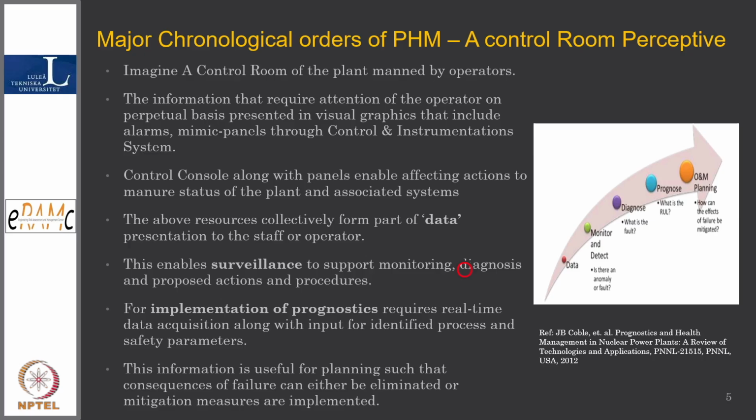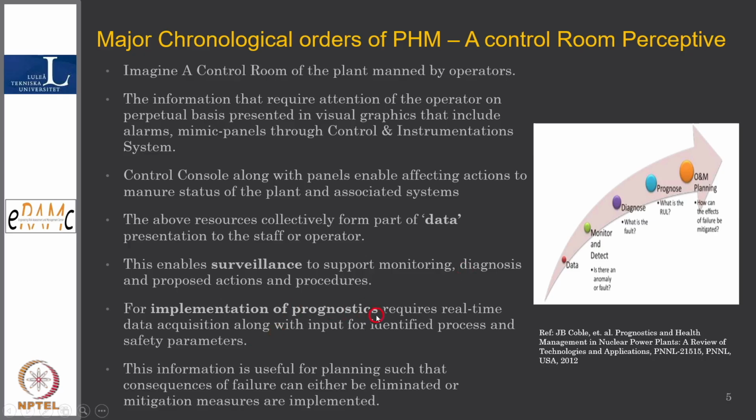The control room can be characterized by panels spreading over some 10 to 15 meter areas, and there is a console where you can do plant operation maneuvering. There is also the human element, the operators who man the control room, provide surveillance and then take action.